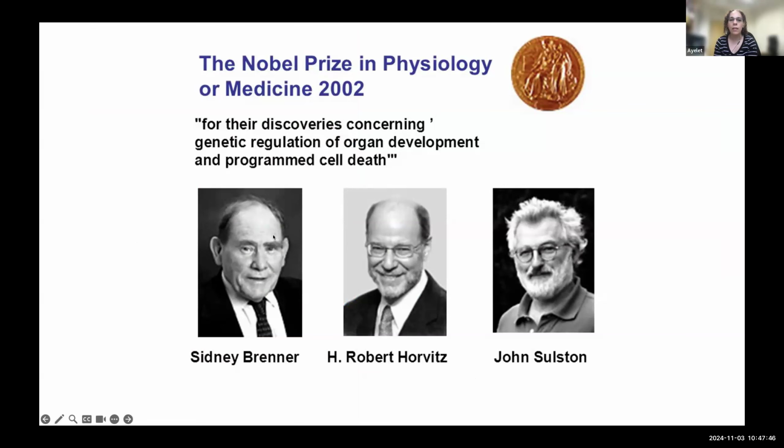So Sydney Brenner was the one that introduced C. elegans to the research community, to the academic community, and he supervised, worked with Bob Horvitz and John Sulston, and basically he also mentored everyone in the worm community that got a Nobel Prize, including Martin Chalfie, who got the Nobel Prize for GFP, that was also in C. elegans, and Andrew Fire, who got the Nobel Prize for RNAi, and everything started in his lab.